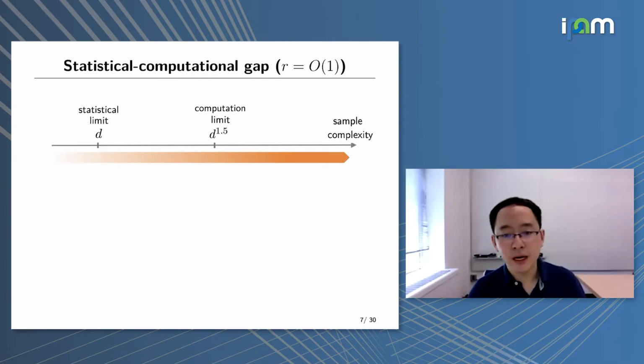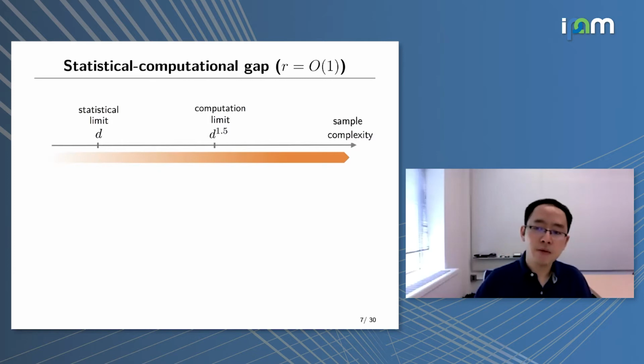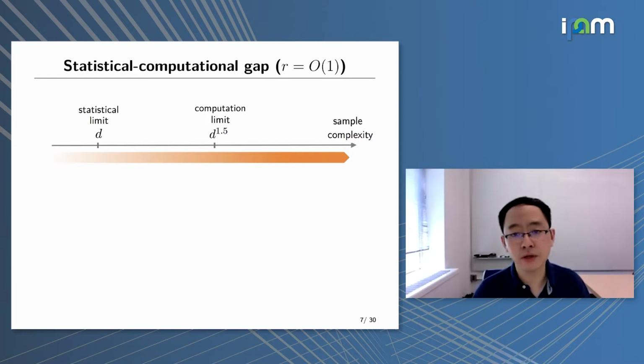Imagine that I'm focusing on the rank 1 tensor, so R is equal to 1. Now suppose I have IID random subsampling. How many random entries do I need to observe in order to reconstruct this tensor? It will be at least on the order of d. So there's an information theoretic limit of about d, or maybe up to some log factor.